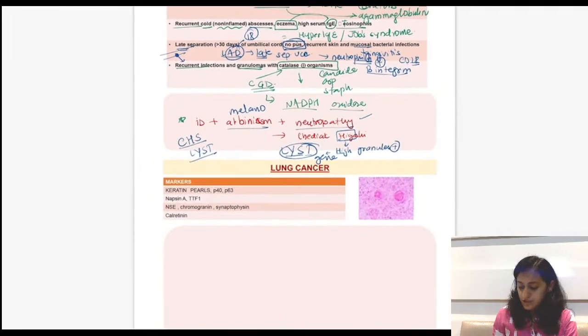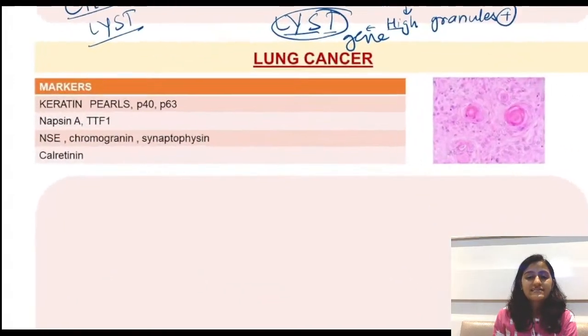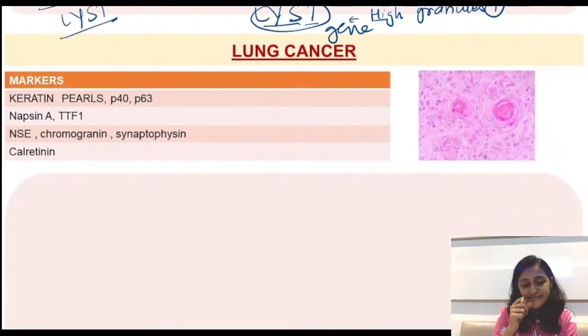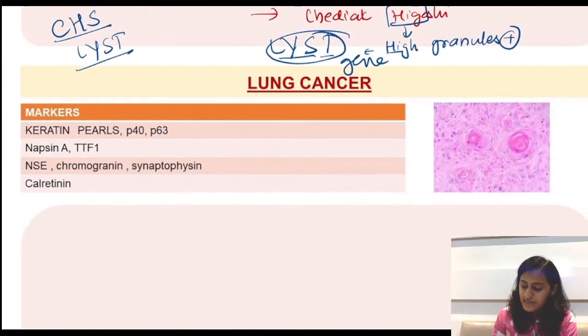Going to the last topic for the day, that is the important points of lung cancer. Where do you see keratin pearls, P40 and P63?